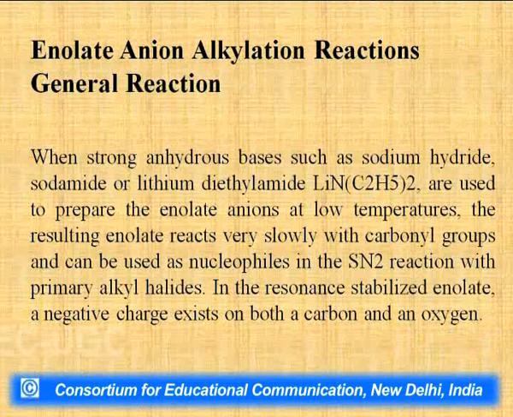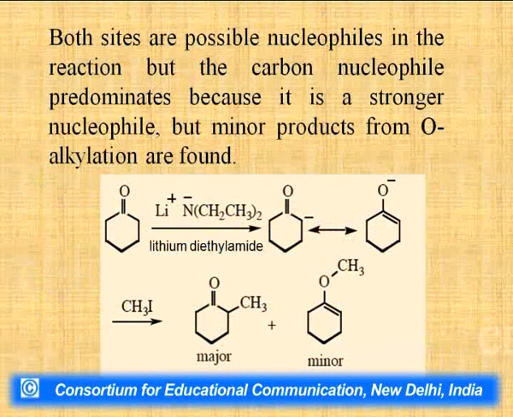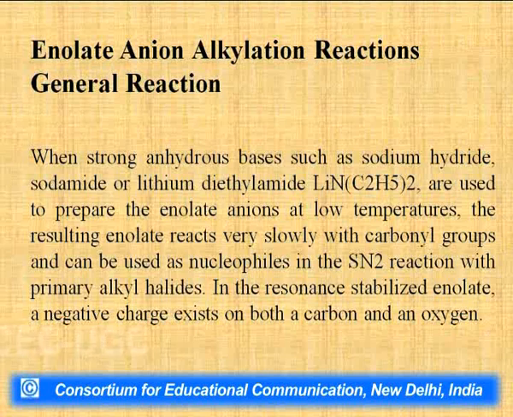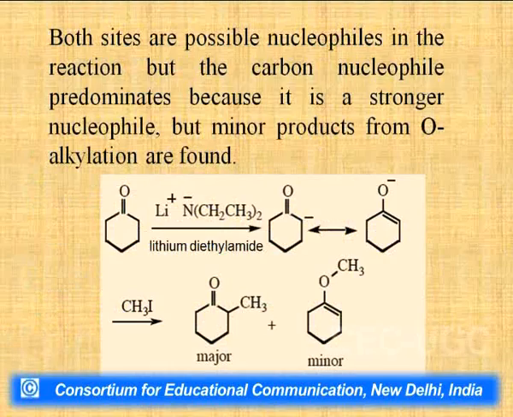In the resonance stabilized enolate, a negative charge exists on both the carbon and the oxygen atom. Both sites are possible nucleophiles, but the carbon nucleophile predominates because it is the stronger nucleophile, with minor products from O-alkylation. So you can see when it reacts with methyl iodide, the major product comes from the carbon, though the negative charge is on both carbon and oxygen.